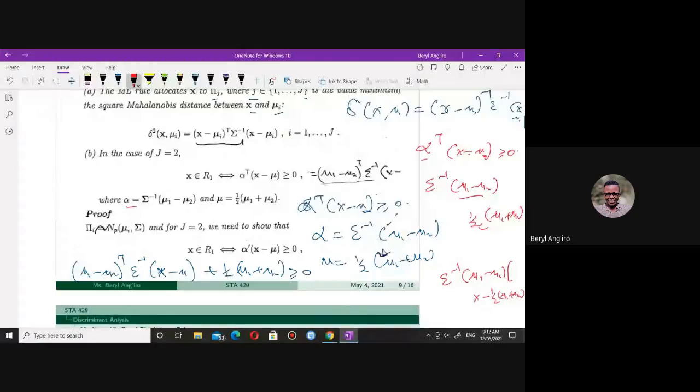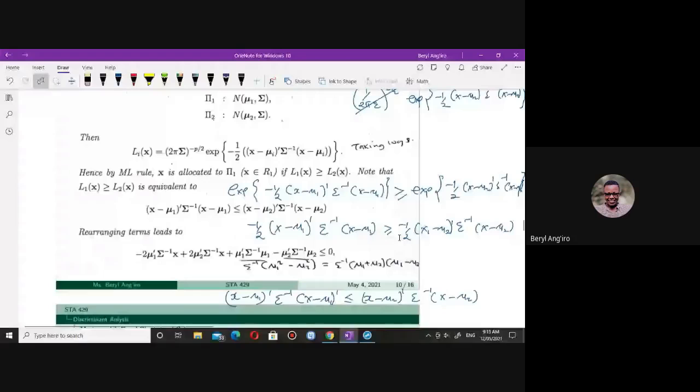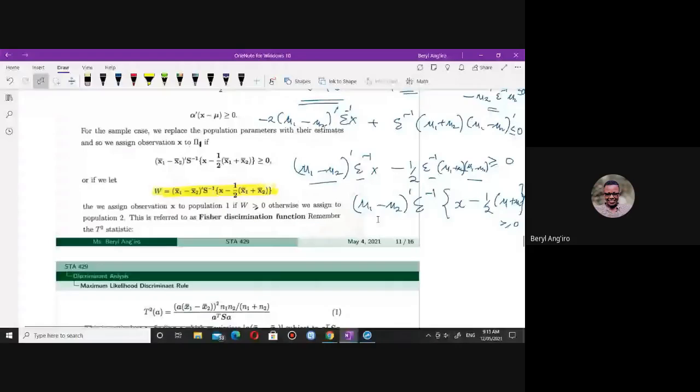So this is what we have just proved, that (mu1 minus mu2) transpose sigma inverse times (x minus a half (mu1 plus mu2)) is greater than 0. Then for the sample case, we replace the mu's with their corresponding MLEs, and also replace sigma with its corresponding MLE.